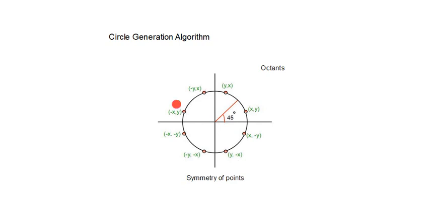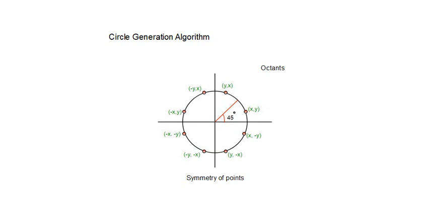Similarly, we have the symmetry all over the circle. So if we can find one point (x, y), we can find 7 other points on the circle. When we say circle generation, what is our agenda? Our agenda is to find all the points that lie on the perimeter of the circle. That is our objective.